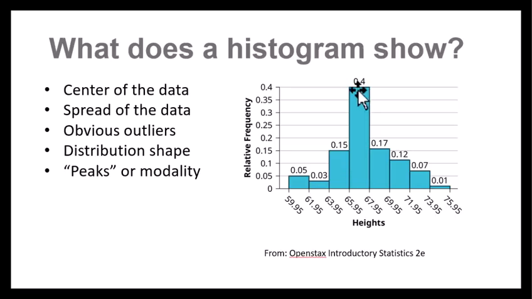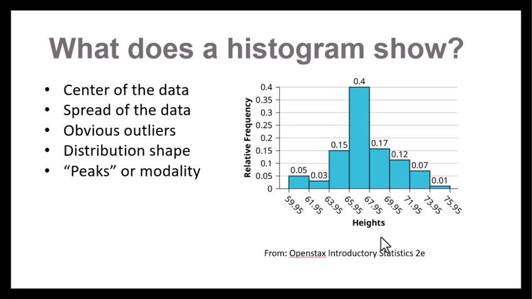That means most of the heights were in that middle range, and then fewer of the heights just above and just below that, tapering off in both directions. So the center here would be roughly where that middle bar is, around 66 it looks like.